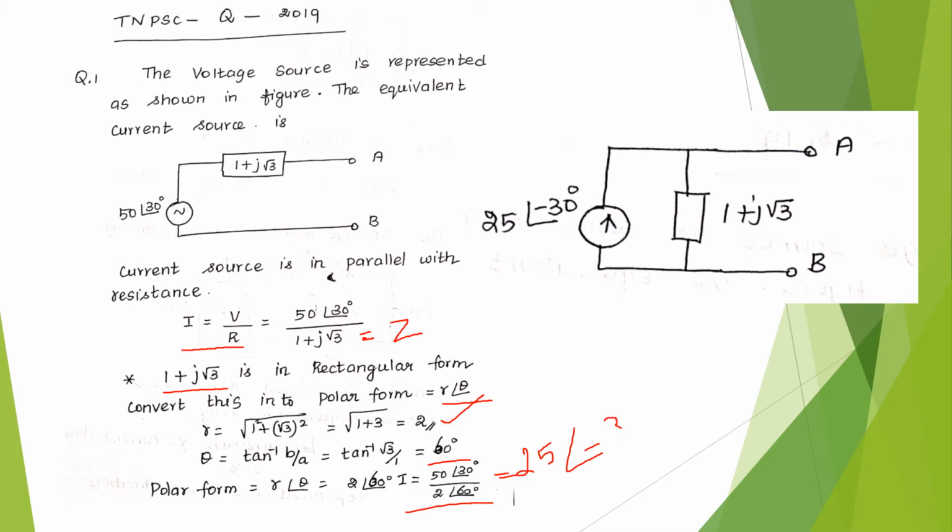Now I am going to draw the practical current source. Current source in parallel with the resistance. We know the current source is 25 angle minus 30 and the impedance, there is no change, 1 plus j root 3.